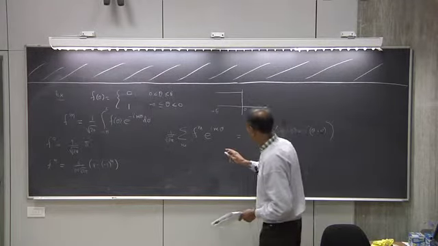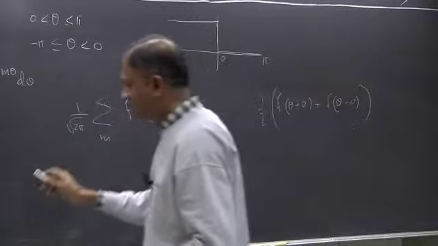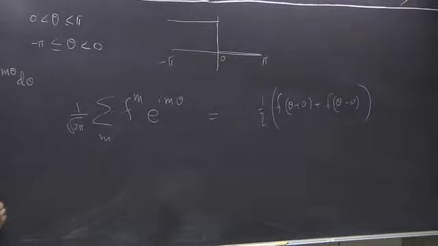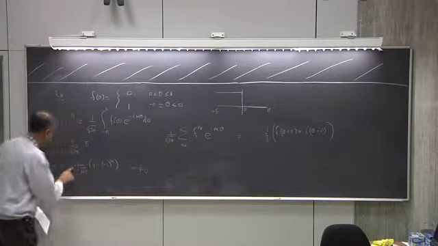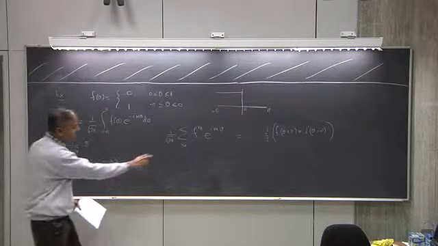And indeed, we checked. This is for m not equal to 0. That's f_0, and here the sum is over everything.